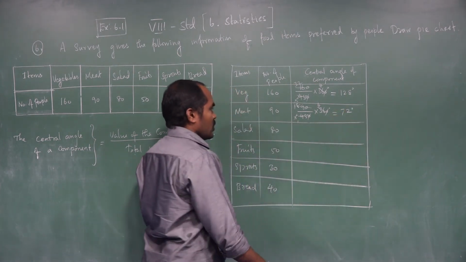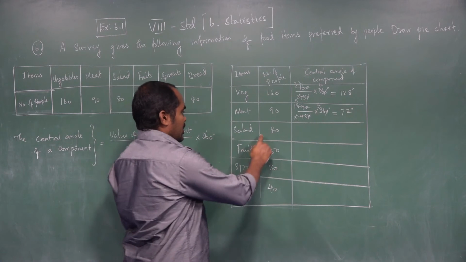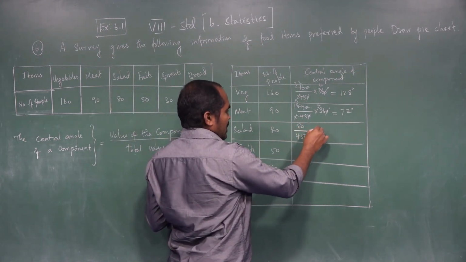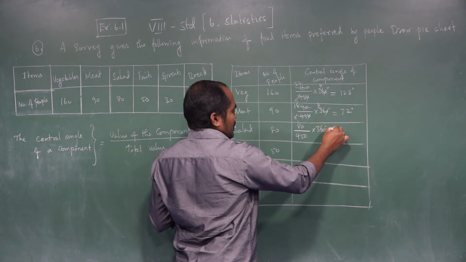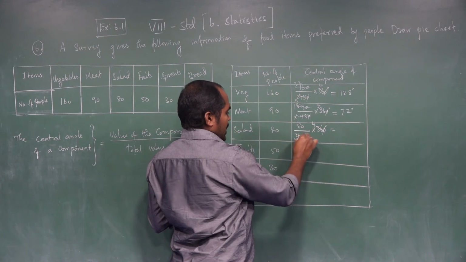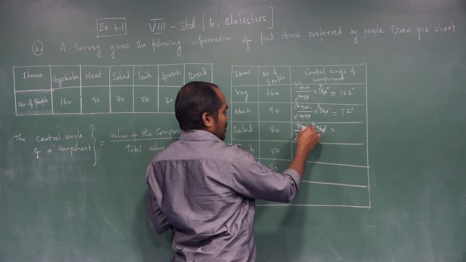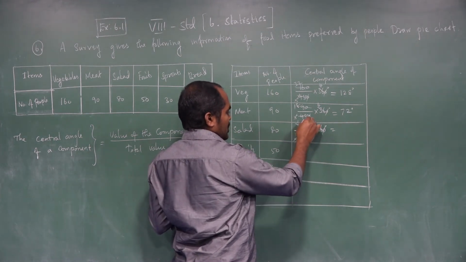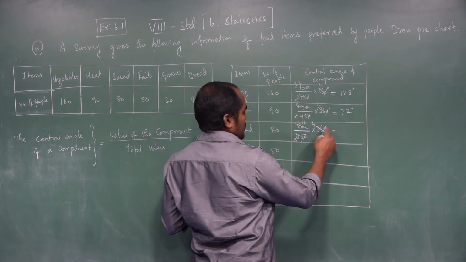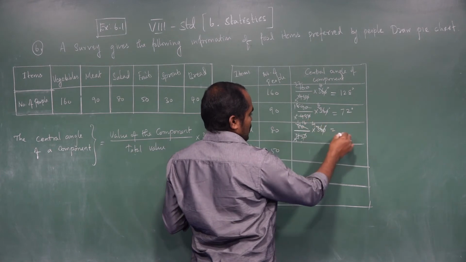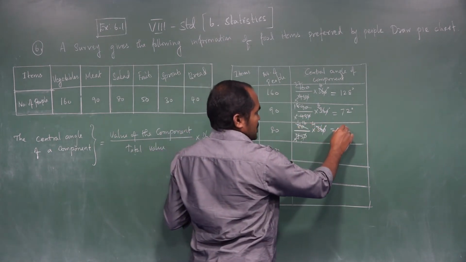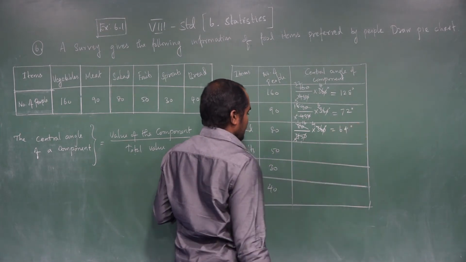So 72 degree. Next, value of component is 80, 80 by 450 into 360 degree. 0 0 cancel. 5 9s are 45, 1 5 is 5, remaining 3. 6 times 5 is 30. 16 into 4, 4 6s are 24, remaining 2. 4 1 is 4 plus 2 is 6. 64 degree.